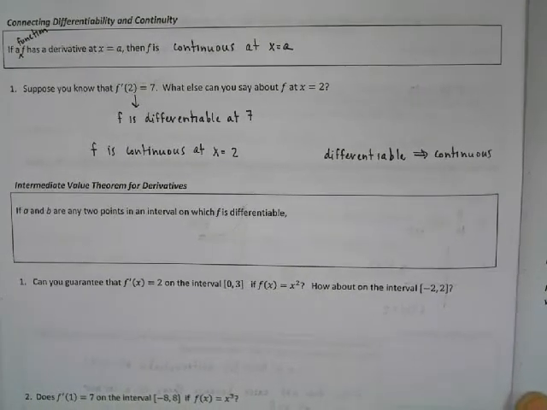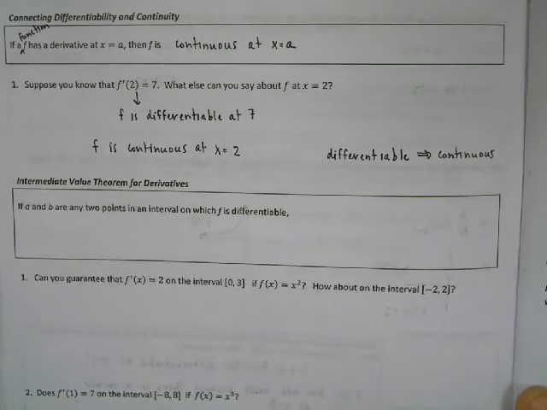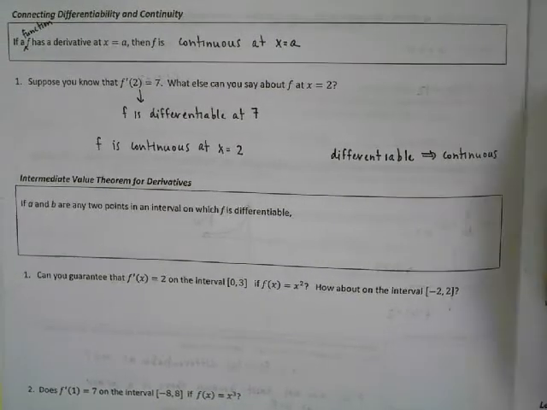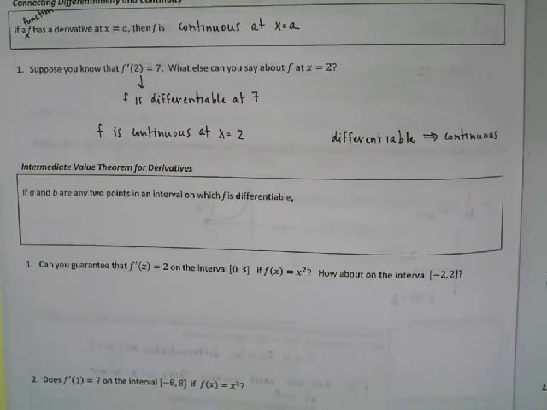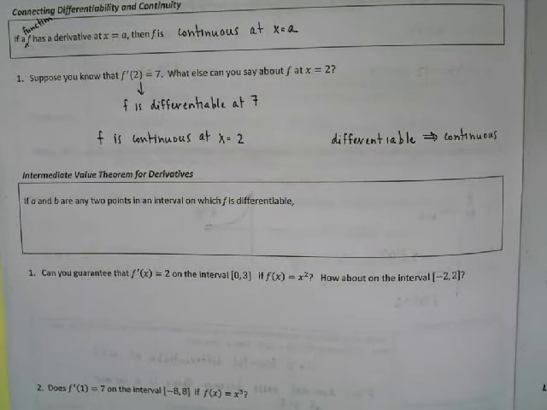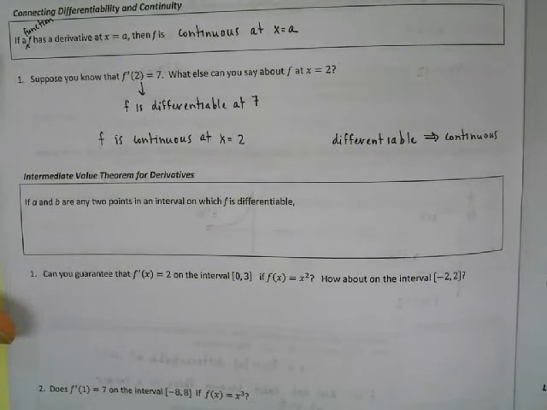Okay, so the last piece. Now we have our intermediate value theorem, everybody's favorite from last chapter. Now we have the intermediate value theorem for derivatives. And it's pretty similar. Now we're just relating it to derivatives.